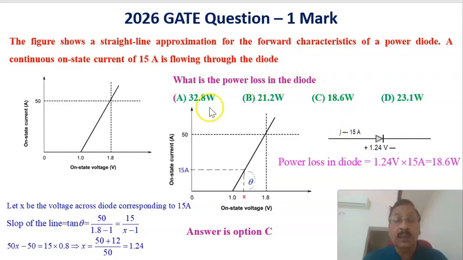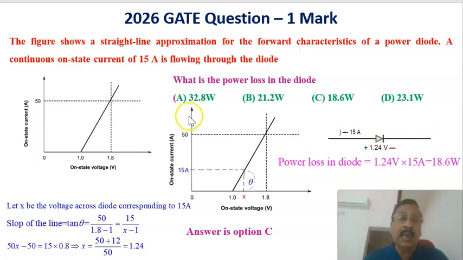That's the question. The options are option A, 32.8 watts, option B, 21.2 watts, option C, 18.6 watts, and option D, 23.1 watts.